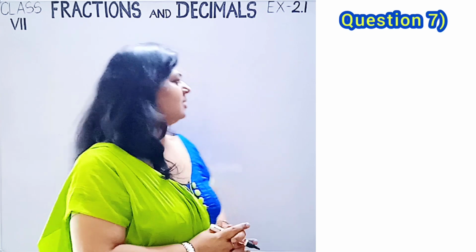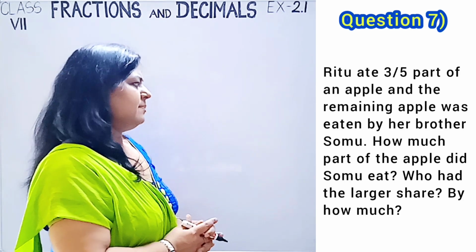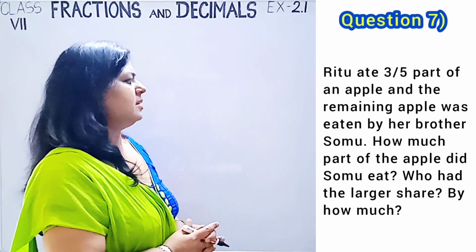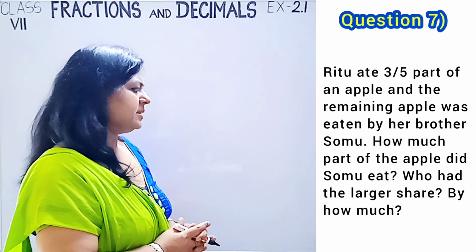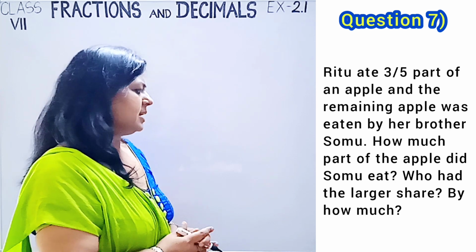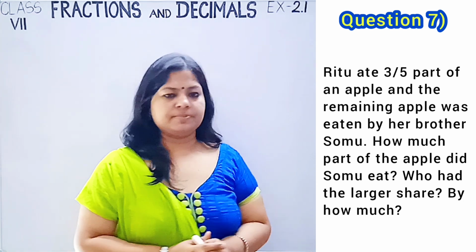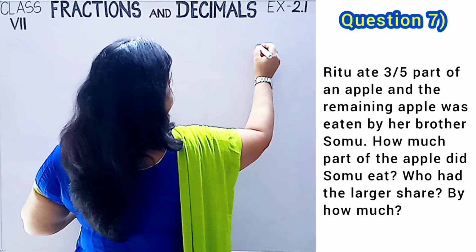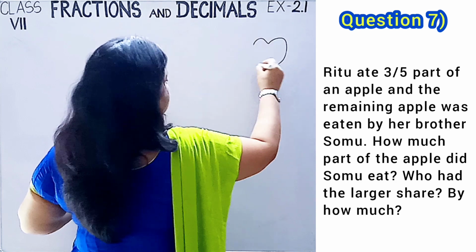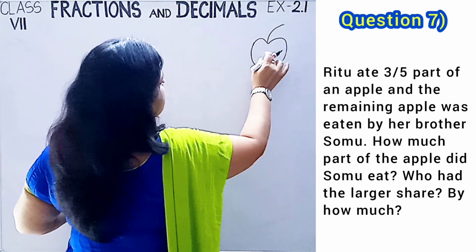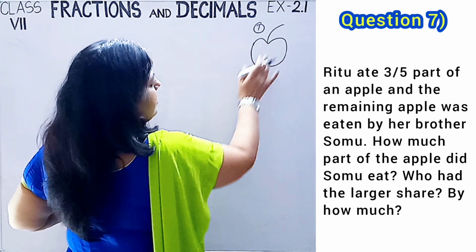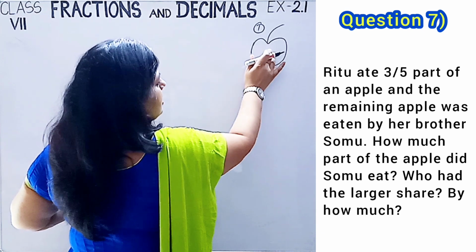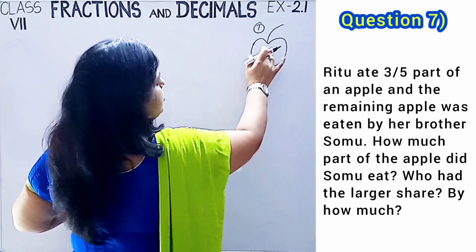Question number 7. Ritu ate 3 by 5 part of an apple and the remaining apple was eaten by her brother Somu. How much part of the apple did Somu eat? Who had the larger share? By how much? In this question, one apple is given. Suppose this is one apple. So here 3 by 5 part of the apple is eaten by Ritu.